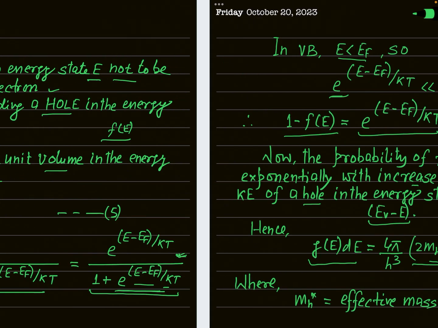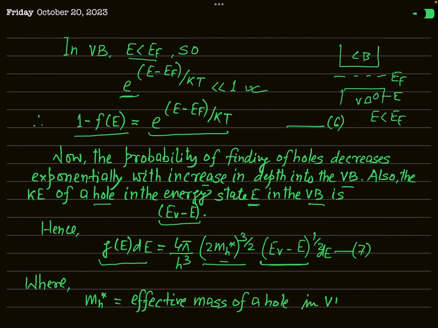So in place of kinetic energy E, you must put EV minus E. This equation 7 measures the density of states for holes with energy E, and this equation 6 measures the occupation probability of a hole at energy E.